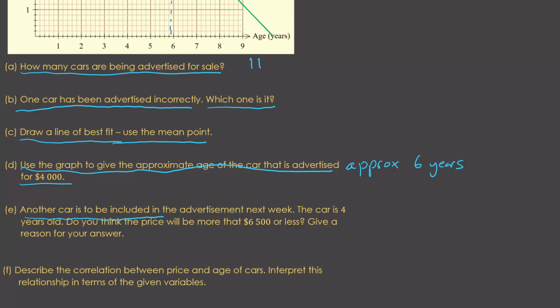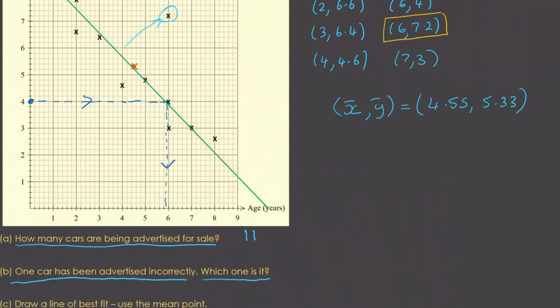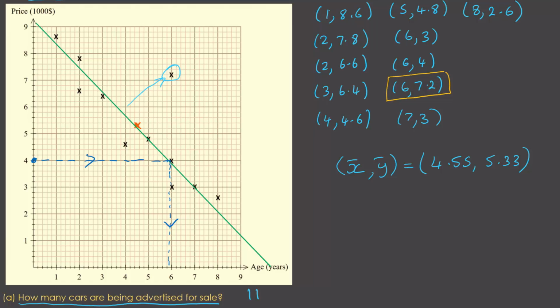Another car is to be included in the advertisement next week. The car is 4 years old. Do you think the price will be more than 6,500 or less? Give a reason for your answer. So let's go back to the graph, and we're talking about something that is 4 years old.